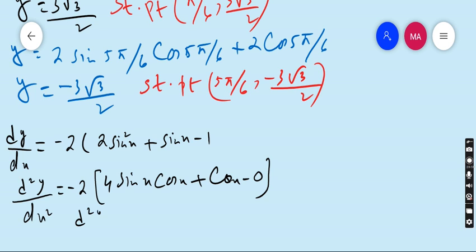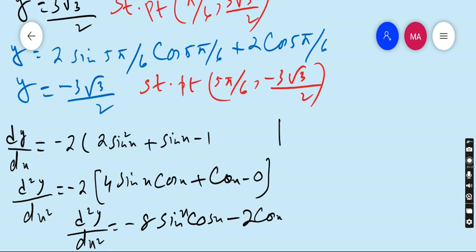So d square y by dx square is minus 2 times 4, which is minus 8 sin x cos x minus 2 cos x. Now satisfy this answer one by one.